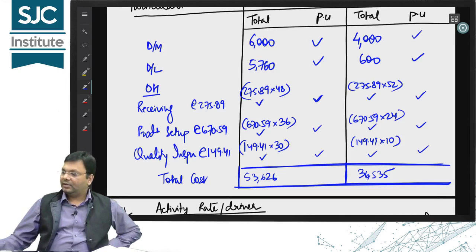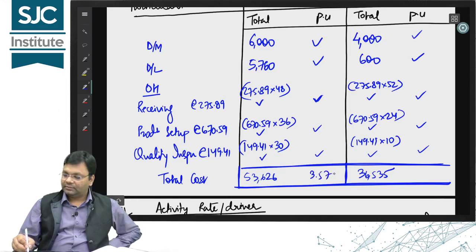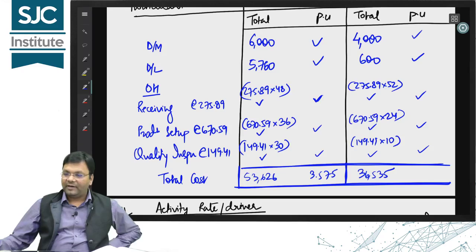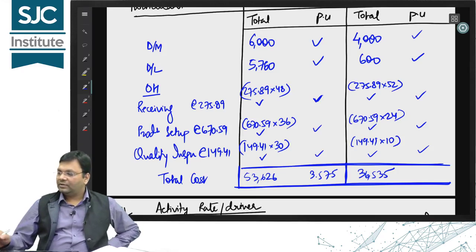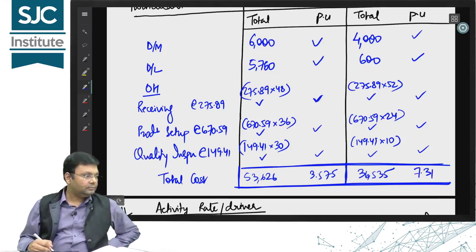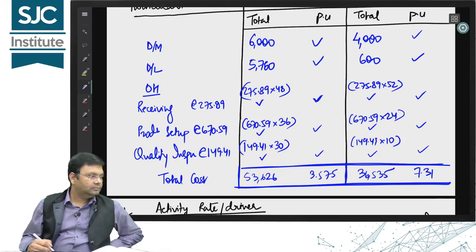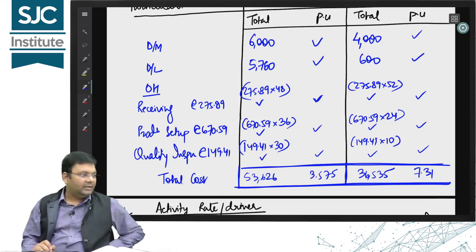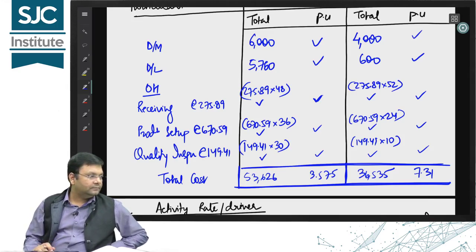Divide by 15,000 is 3.575, and here it is 36,535 divided by 5,000, which is 7.31. Alright, I've just rounded it off.